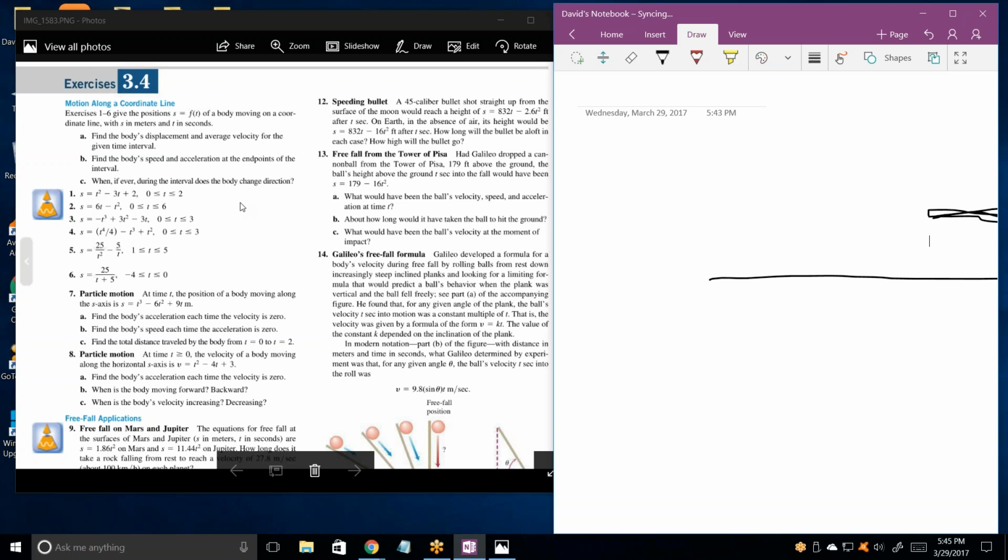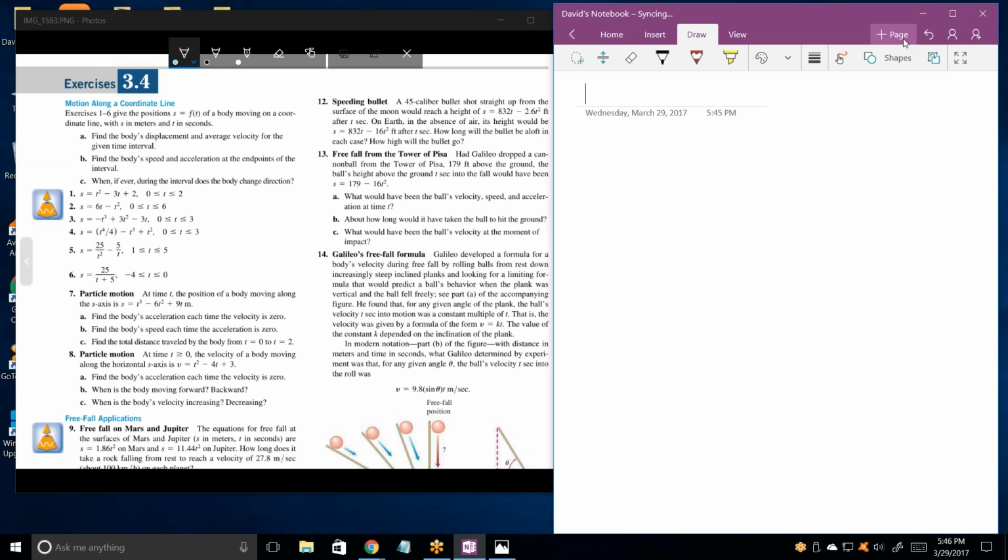Well, maybe not. Let me look at this a moment. S is the position function. So maybe not. No, we don't need integration for this. These are integration problems, but we don't need it to answer these questions.